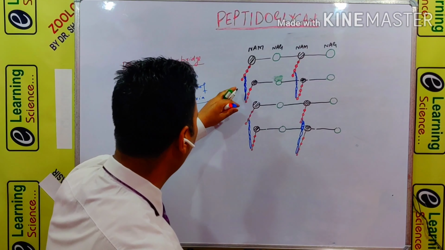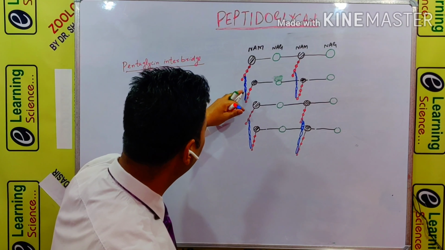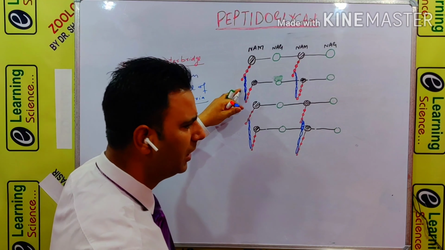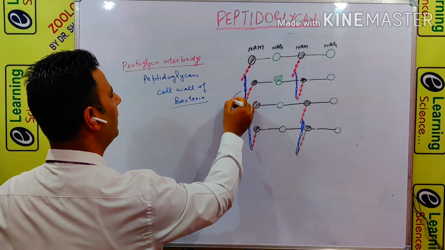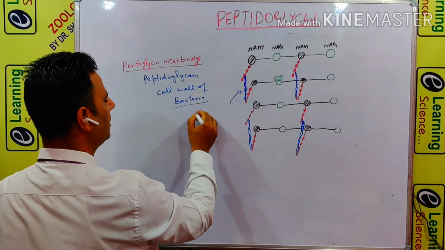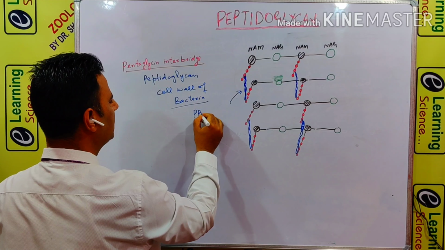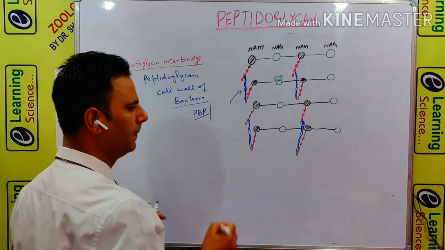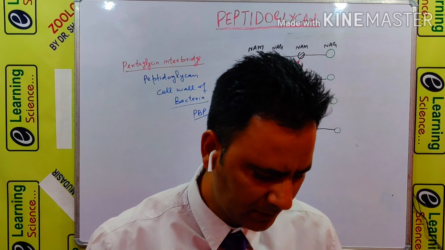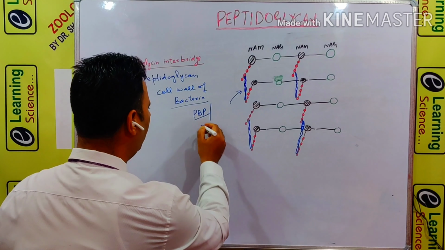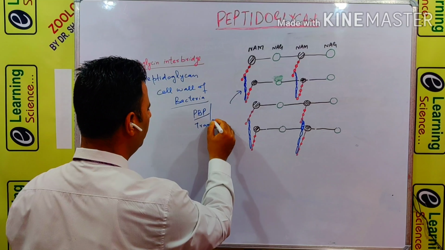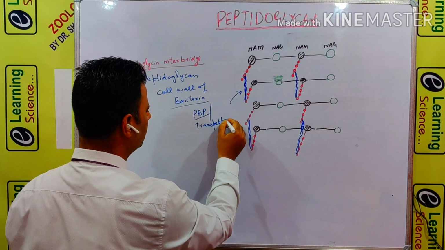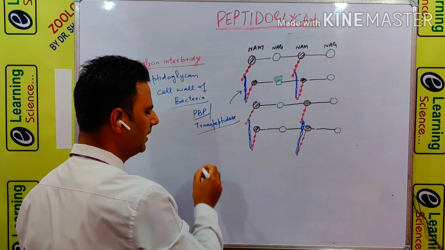But remember, for formation of this pentaglycinic interbridge, we require one enzyme, and that enzyme is known as penicillin binding protein, or transpeptidase. This is the enzyme.